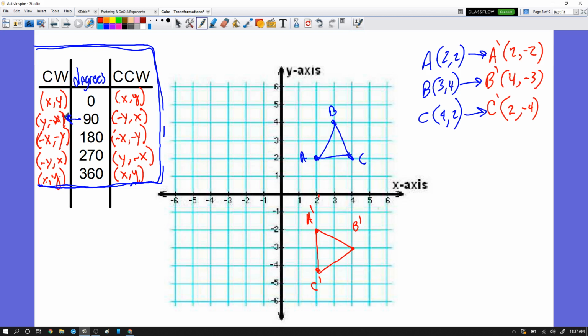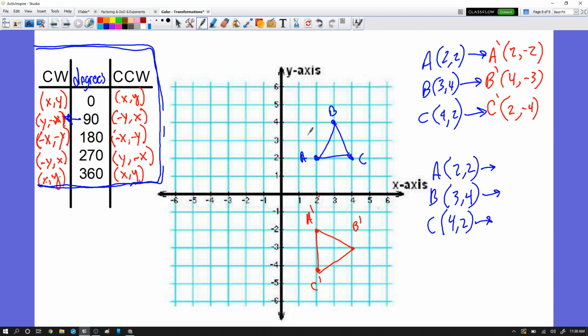Now let's go ahead and say I want to take ABC and do it counterclockwise. Okay, so I'm going to rewrite the coordinates. And it doesn't have to start in quadrant 1. So just keep in mind wherever the pre-image is, wherever you're wanting to move it.